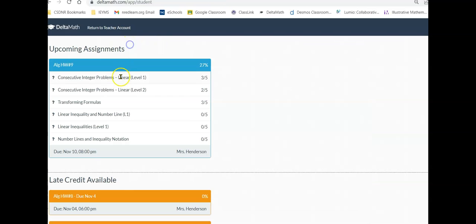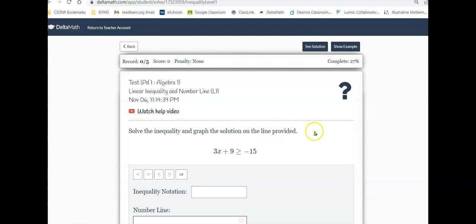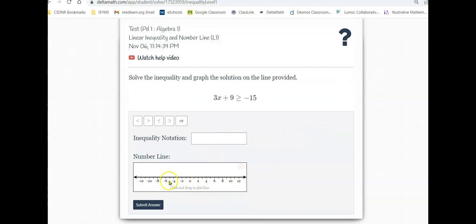All right, let's go take a look at inequalities and the number line. So this one can be a little bit tricky down here trying to plot it, but the first thing you need to do is solve 3x plus 9 is greater than or equal to negative 15.